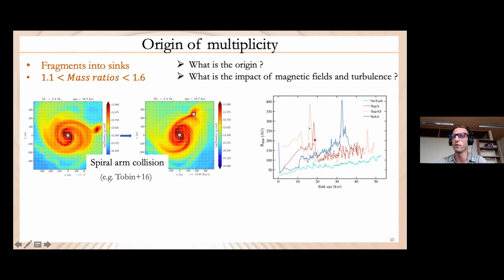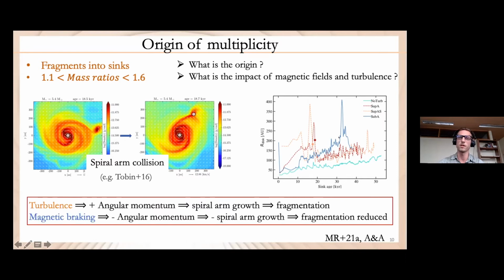And from the orange to the red line, we have decreased the turbulence. When turbulence was decreased, fragmentation was delayed. And similarly, between these ones and the blue one, the magnetic field is increased, so that when the magnetic field was increased, fragmentation is delayed as well.